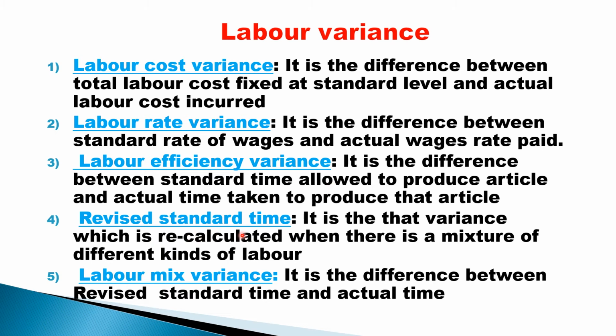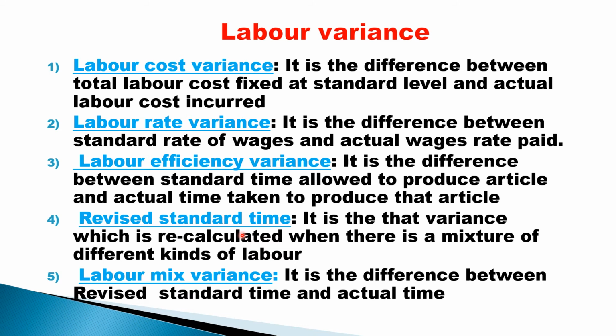Revised standard time, called RST. Sometimes we need to revise the standard time because some jobs require both skilled and unskilled workers. So there is a mixture of workers: skilled, semi-skilled and unskilled workers. We have white collar workers, blue collar workers.